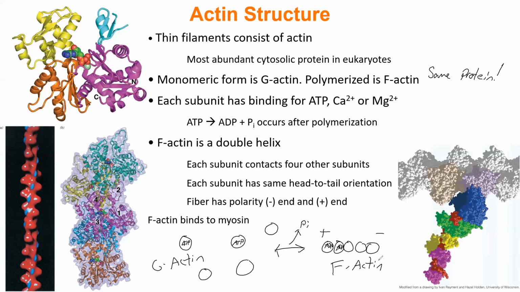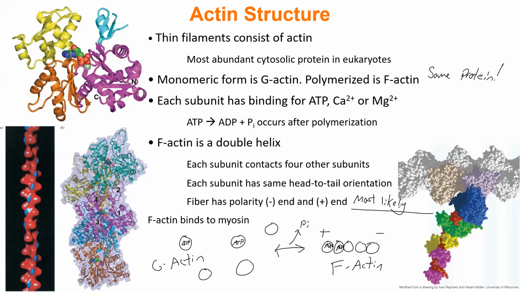And what those relate to is what part of the fiber actin is most likely to bind to. Let me just emphasize that, most likely. So you're most likely to bind at the plus end, and you're most likely to come off of the minus end, because you're just a fiber, so you can come off or go on either end.